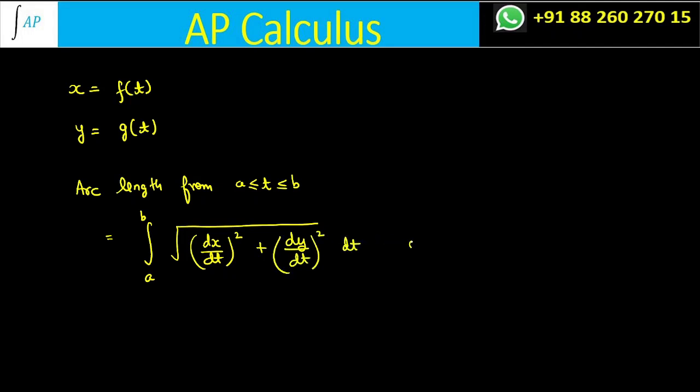We can also write the same formula as the integral of the square root of (f'(t)) squared plus (g'(t)) squared. This is the same as dx/dt or f'(t), both of them are same. And this is also integrated with respect to t. So let's start with the questions.